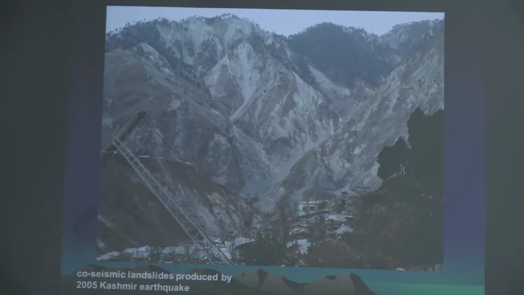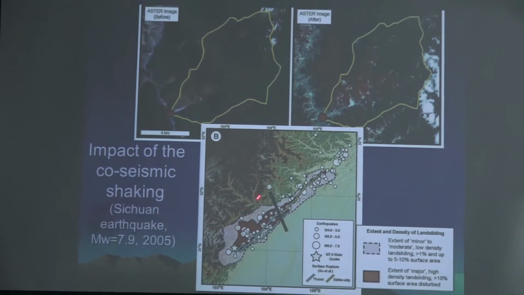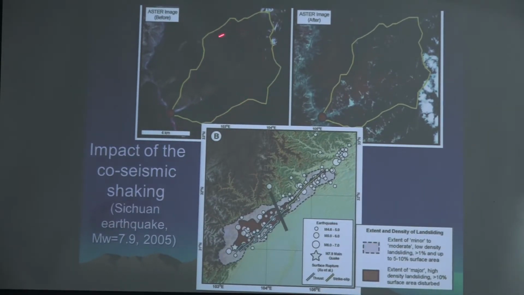So I think this picture corresponds to a picture taken after the 2005 Kashmir earthquake. You can see numerous landslides. In 2008, after the Sichuan earthquake, you can see also on this Landsat image, when you compare before and after the earthquakes, so this is a red color Landsat image.